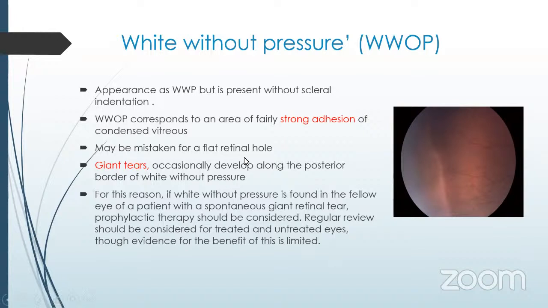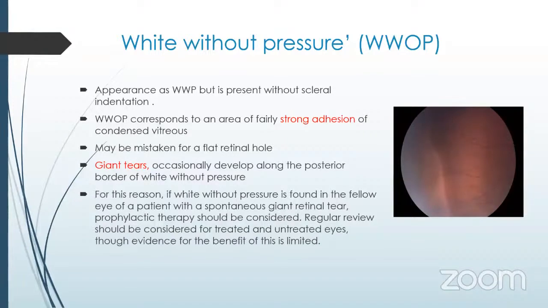We don't treat it prophylactically because there is always a chance that the laser may itself induce a PVD and cause a tear. So unless there is a strong predisposition, maybe a family history or the other eye has a detachment, we may treat.